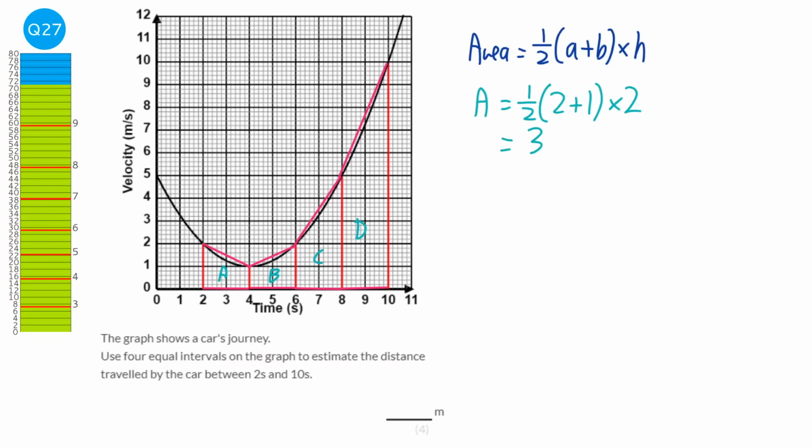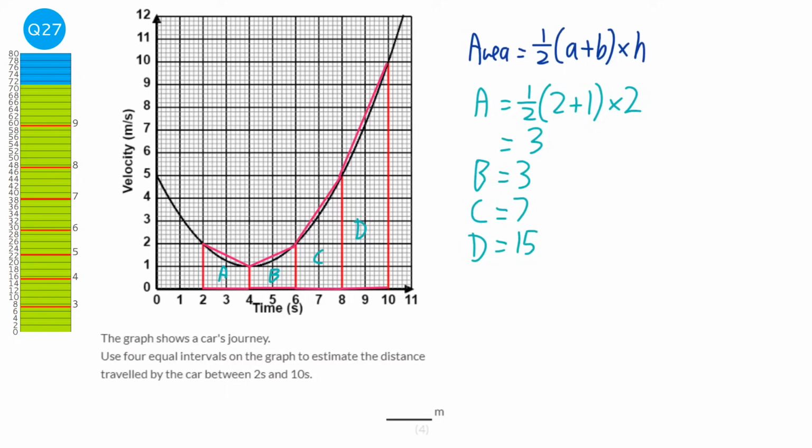Okay, and you notice here that the half and the times 2 actually cancel each other out, so all we need to do is just add the A and B's together. So to find out what B is, we're just going to add the 1 and the 2, and B will equal 3. To find out what C is, it's 2 plus 5, which is 7, and to find out the area of D, it's going to be 5 plus 10, which is 15.